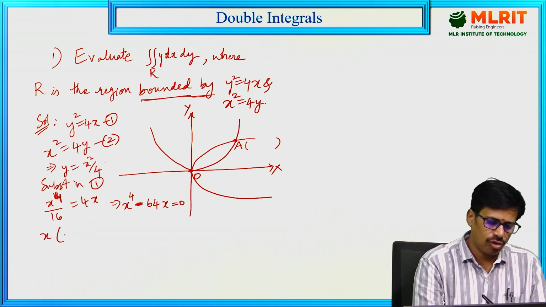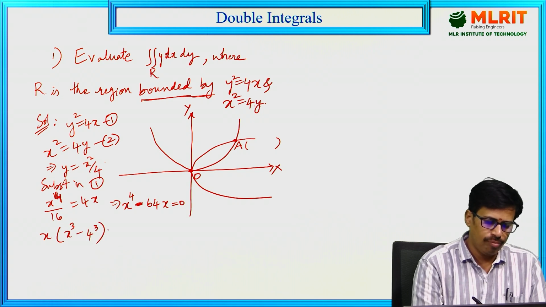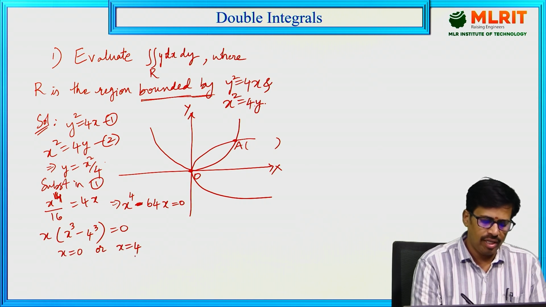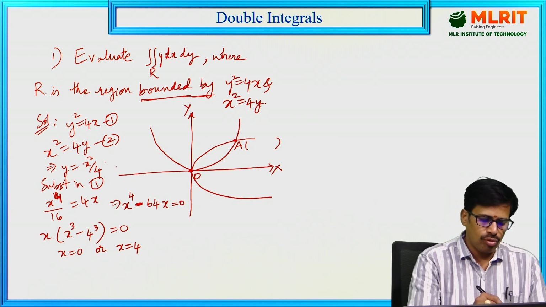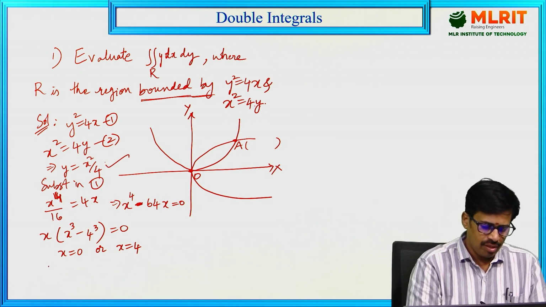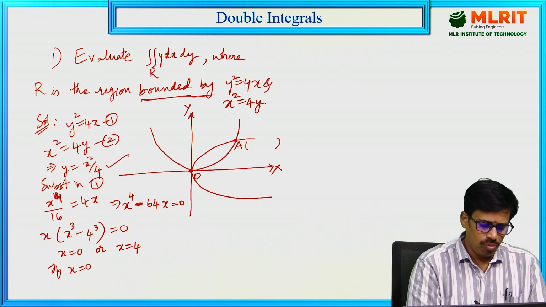If you take x common, x cube minus 64, which can be written as 4 cube, equal to 0. So either x equal to 0, or we get x cube equal to 4 cube, which means x equal to 4. So substitute in this. If x equal to 0, what is the y value? 0.